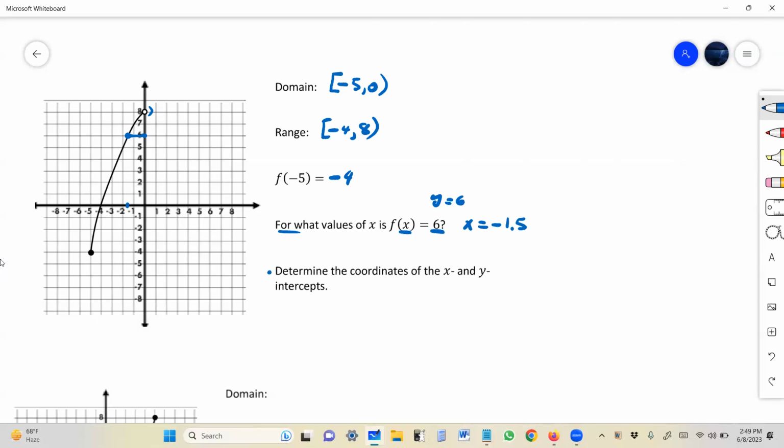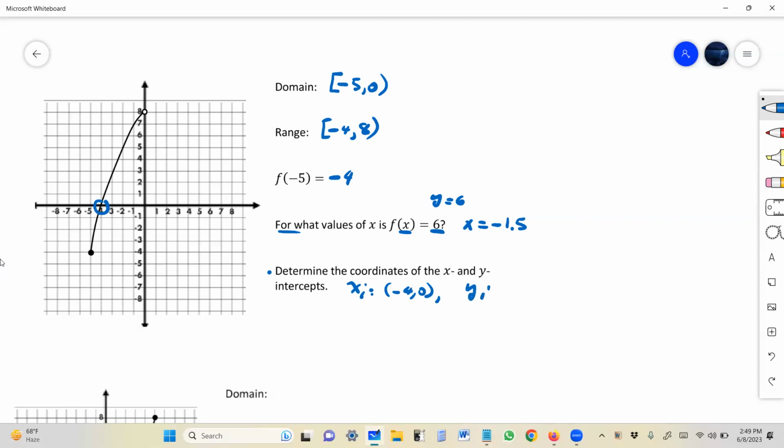All right, and then the last question here is determine the coordinates of the x and y intercept. So let's take a look at that. So here is the x-intercept. This is where the graph crosses the x-axis. So that would be x-intercept -4, 0.